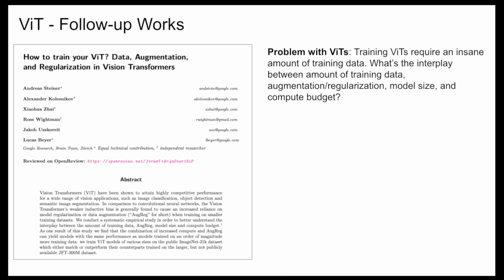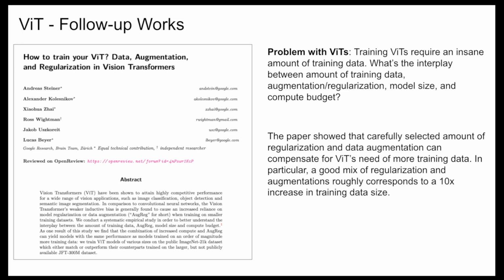So the question that this paper started with was, what's the interplay between the amount of training data, augmentation and regularization, or AugReg in short, model size, and the compute budget? Like, what's the interplay between those four things?